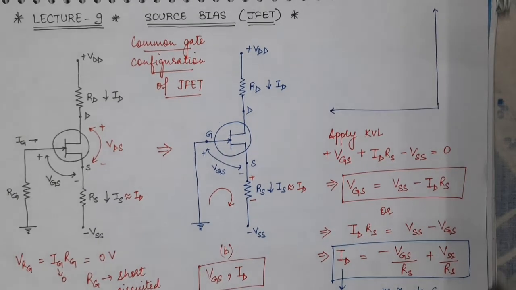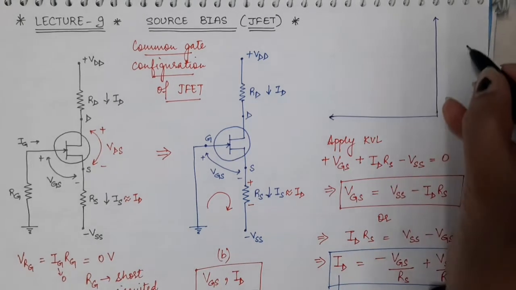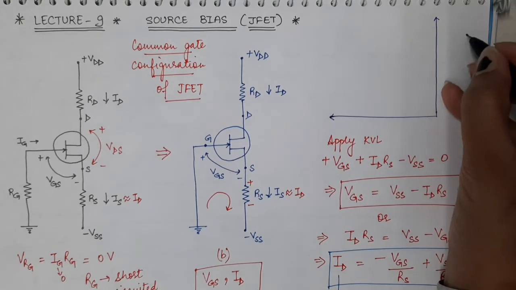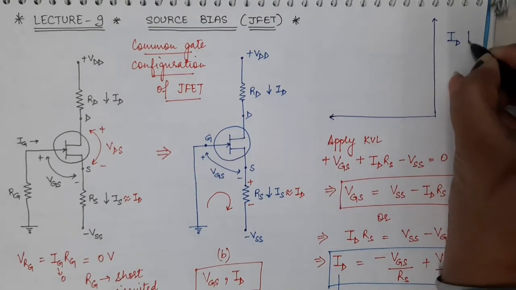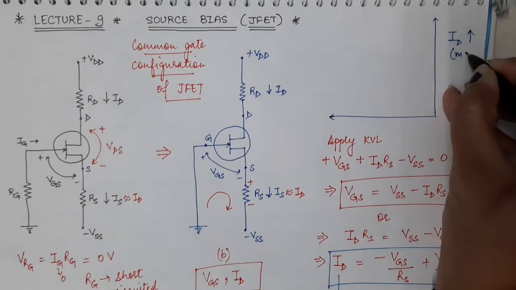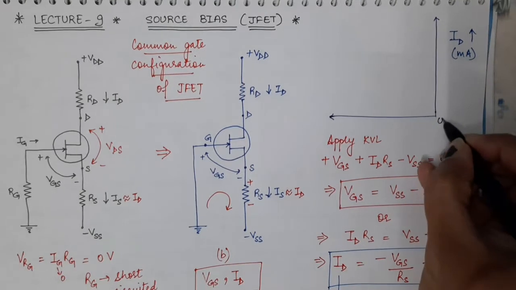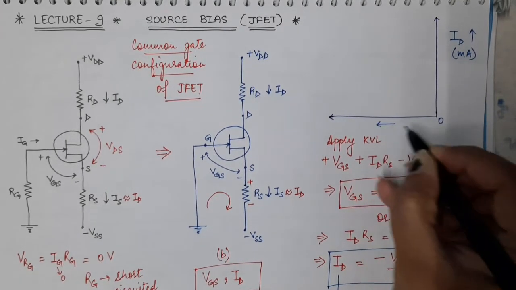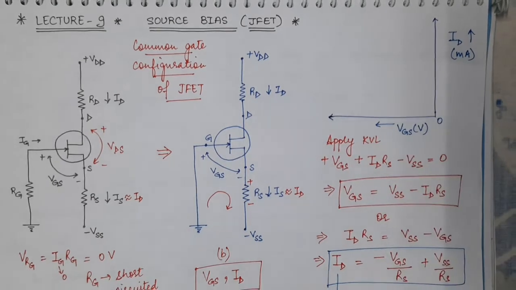So here we will draw the transfer characteristic curve to find the operating point. We know that the transfer characteristic curve is plotted by taking drain current ID along the y-axis, measured in milliamperes, and gate source voltage VGS along the negative x-axis.